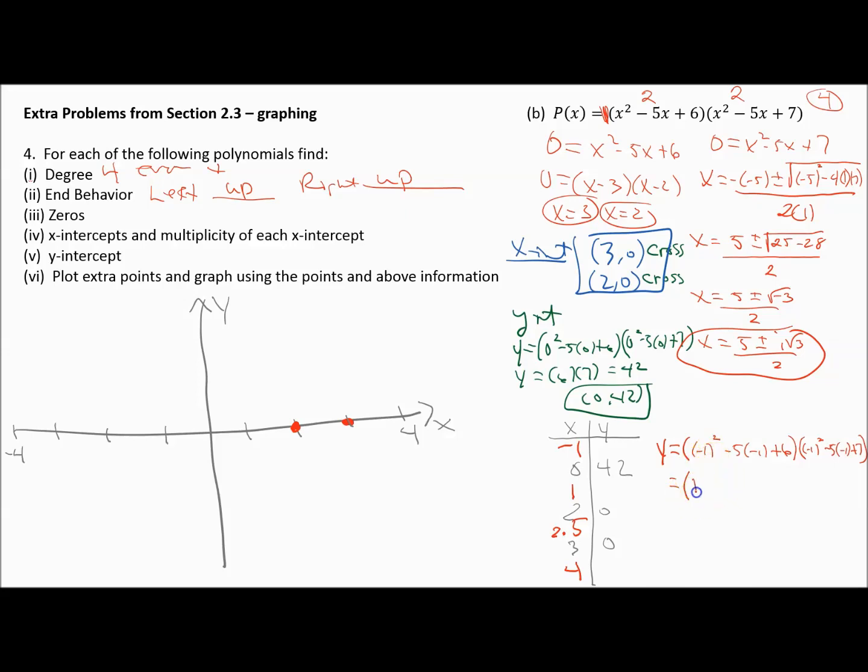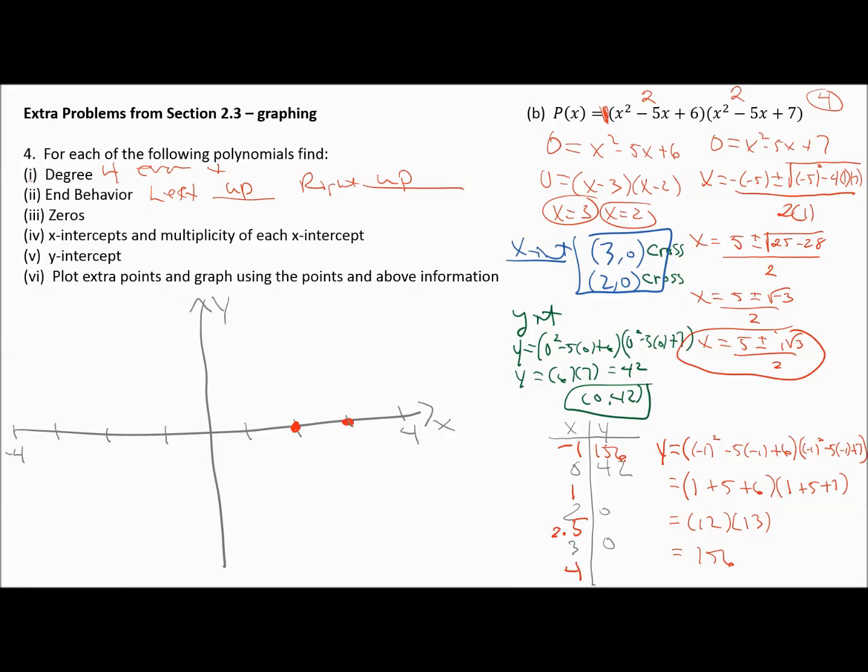So -1 squared is 1, minus 5 times -1 is plus 5, plus 6. And then my right-hand factor, -1 squared is 1, minus 5 times -1 is plus 5, plus 7. 1 plus 5 is 6 plus 6 is 12. 1 plus 5 is 6 plus 7 is 13. And then 12 times 13 is 156. And so I have the point -1, 156.